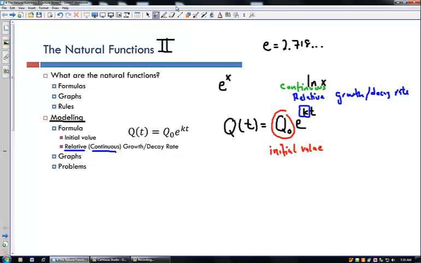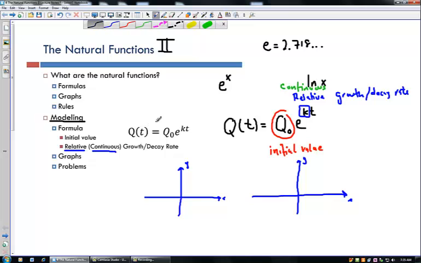Let's talk about the graphs of these two things, because there's obviously 2 graphs. You have a graph for growth and you have a graph for decay. And so let me draw the 2 graphs here. So here's my x and here's my y, and once I draw them, I guarantee that you can figure out which is which. Here's my x, here's my y. And so here's one graph.